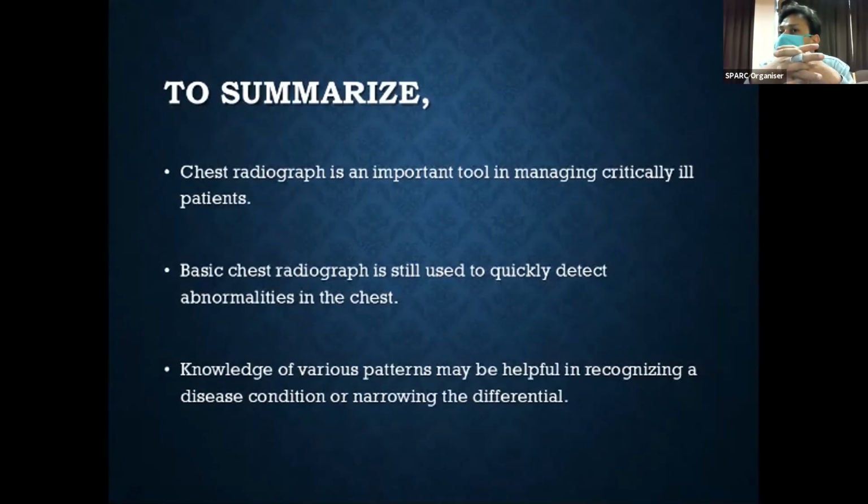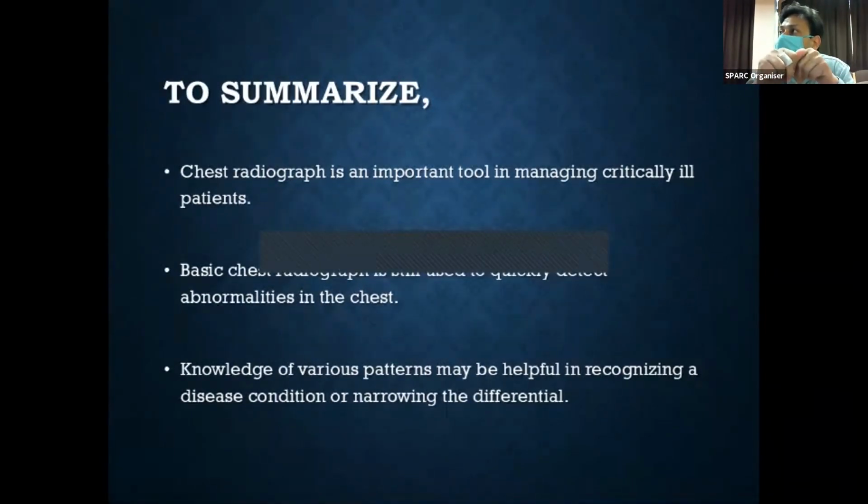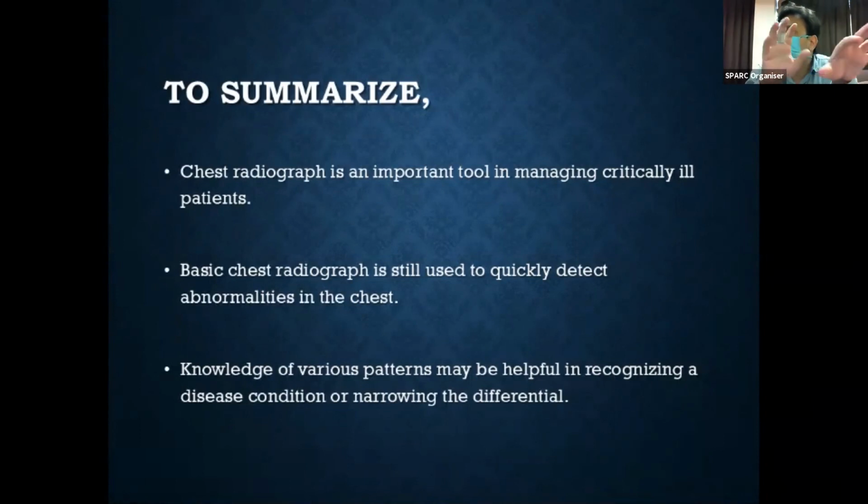So X-rays, even if not fully diagnostic, can be very helpful in following these patients. And we should try to identify the pattern of abnormalities which I have mentioned. So if we know the pattern, then we can give a differential diagnosis. Like if there is a consolidation, then we know that this may be infection, this may be aspiration, this may be ARDS. So there are some important causes we can narrow down our differential.